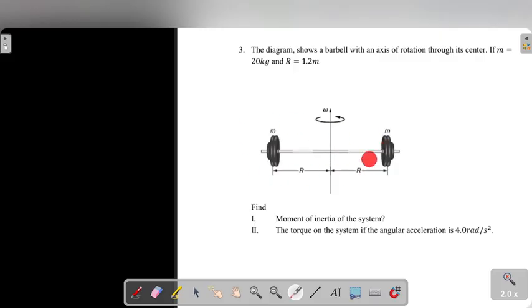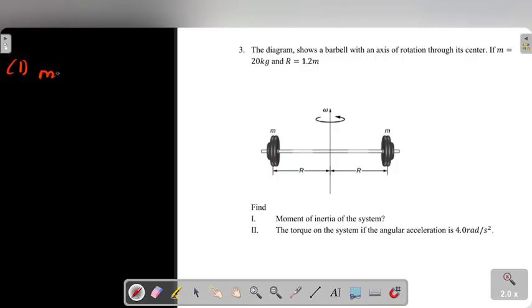So this is a barbell, and the diagram shows the axis of rotation through the center. To find the moment of inertia of this system, that's for part 1.